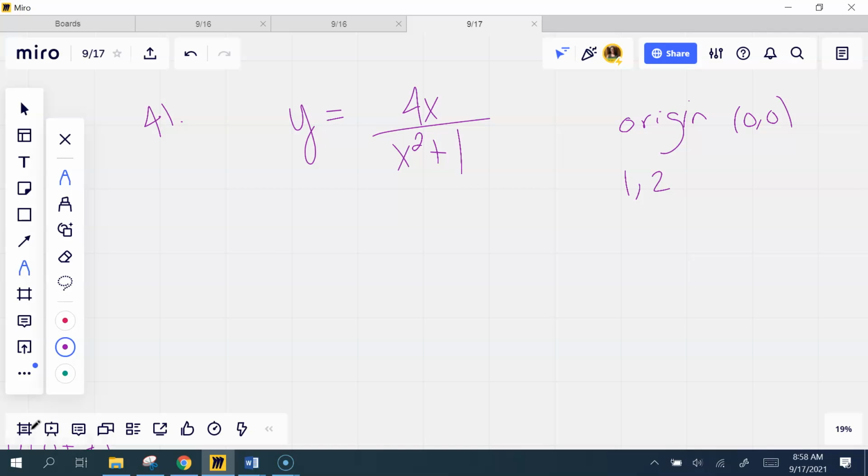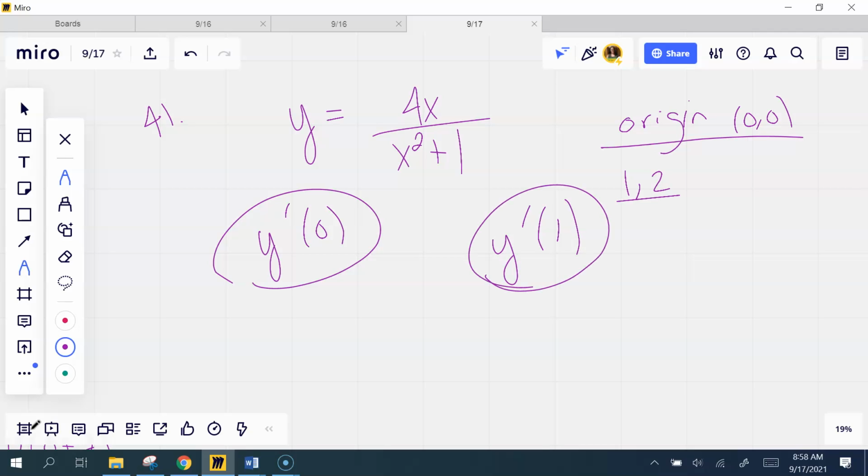So you're just finding y prime of 0 and y prime of 1. And then writing the equation of the line, given the slope and the point. Why 0? Because it said, let me read it to you again. Find the tangent to Newton's serpentine, y equals 4x over x squared plus 1, at the origin and at the point 1, 2. So you're looking for two different equations.